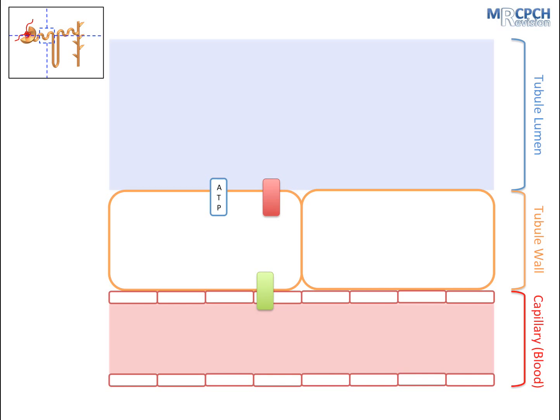So at the glomerulus, protons and bicarbonate ions are freely filtered like this. And in the tubular lumen, they combine to form carbonic acid.